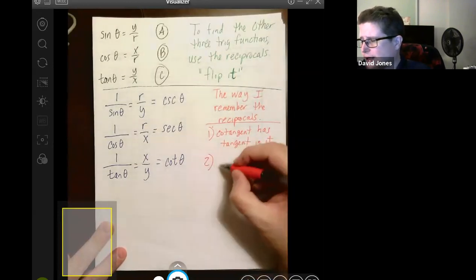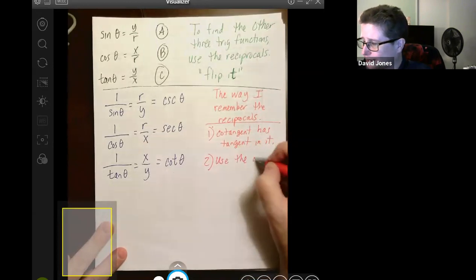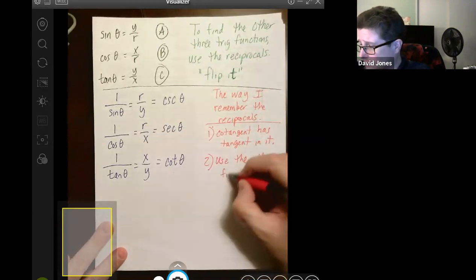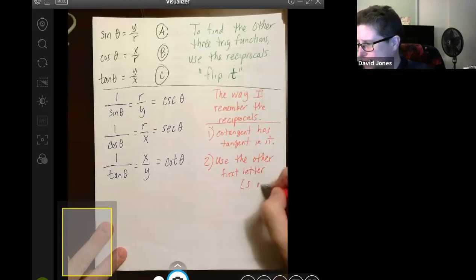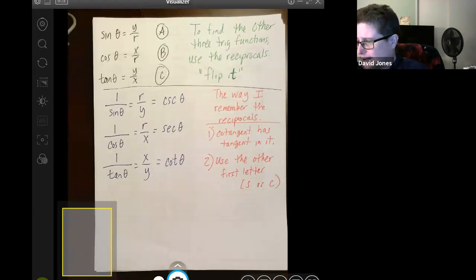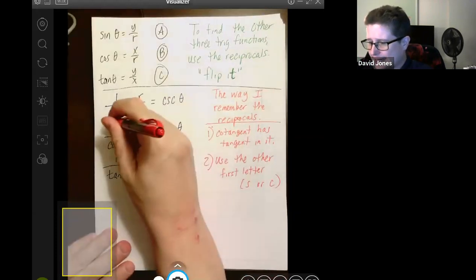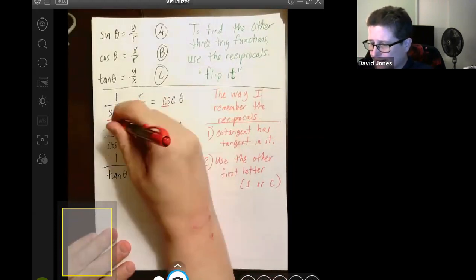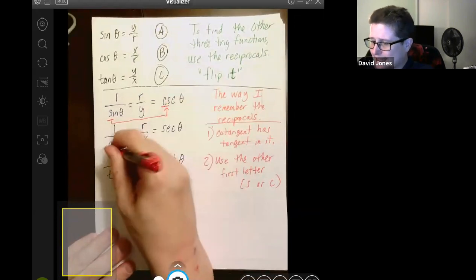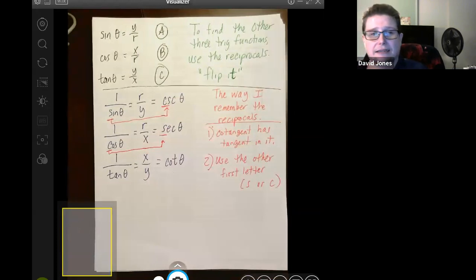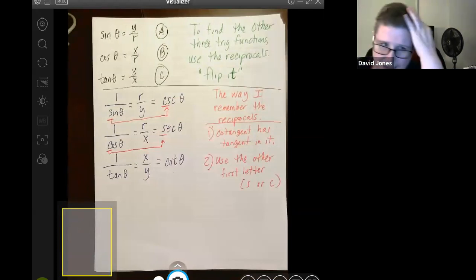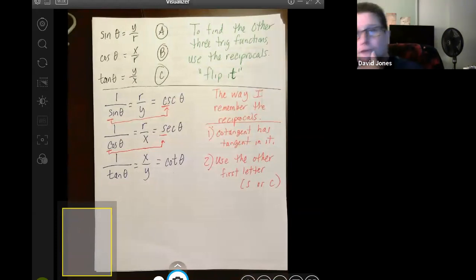Two, use the other first letter, between S or C. And what I mean by that is S goes to C and C goes to S. So sine doesn't go with secant, sine goes with the other first letter, C, cosecant.